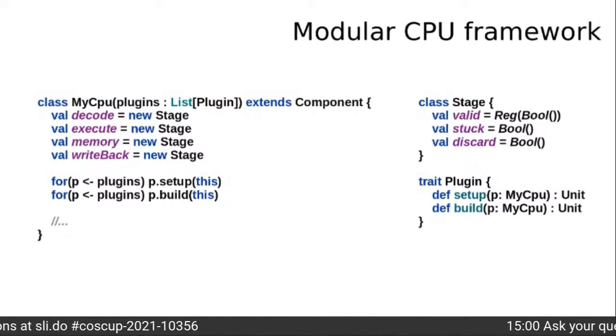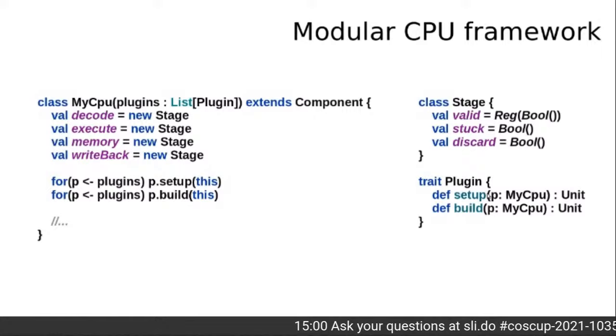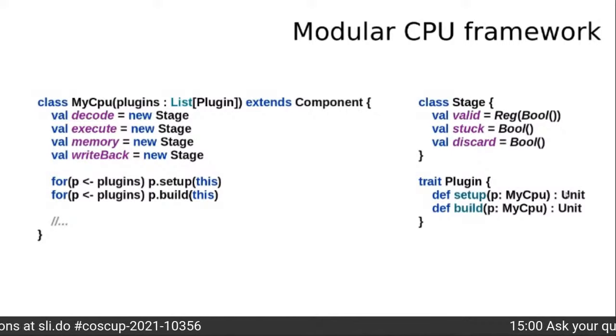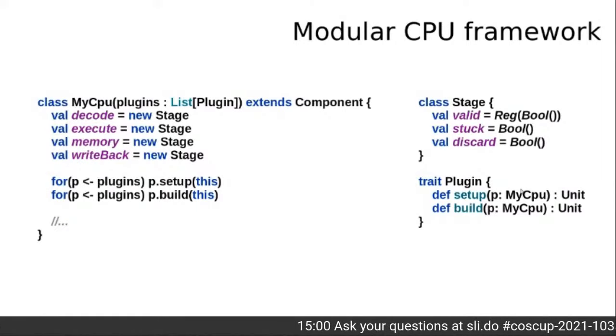Or for instance, the setup function will be used by the branch plugin to ask the fetch plugin to provide it an interface that it can use to order branching somewhere. So the setup function will be used by plugins to ask each other things.